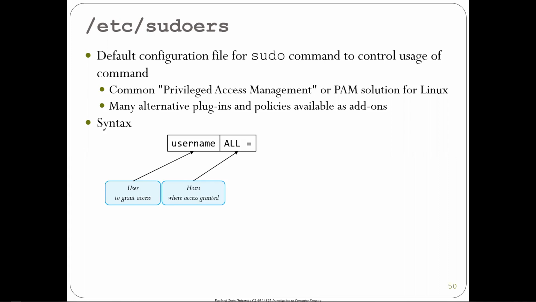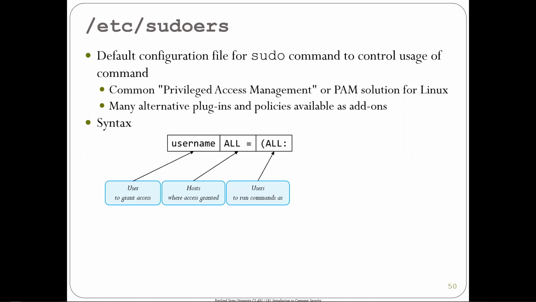Then I say which hosts this user is allowed to run sudo on. In this particular case, we're thinking about multi-host systems where you have a master sudoers file that you push out to all of the machines, and all of the machines know their own name. Based on this file, we mediate access. In this case, this particular username has access to everything.